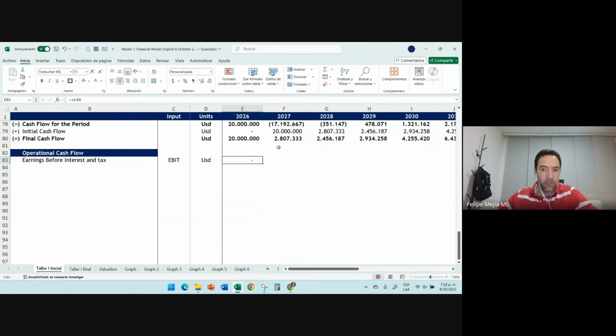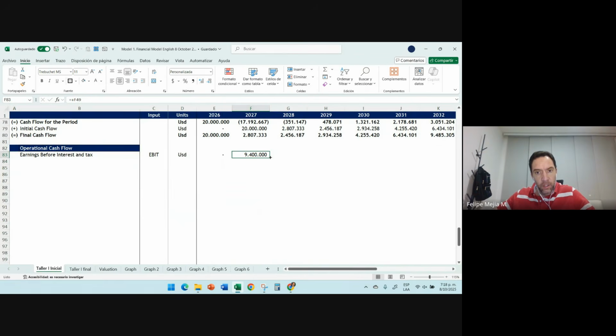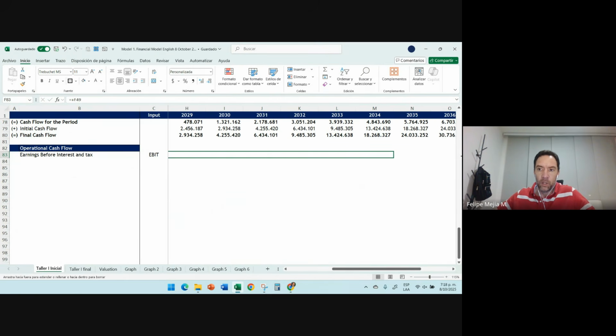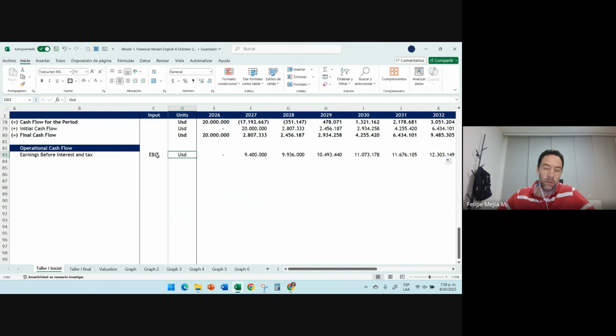And this EBIT is the basis of the operational cash flow. So in order to calculate the internal rate of return or the net present value of a project, we need to calculate the EBIT. In this particular case, we then need to find the tax.